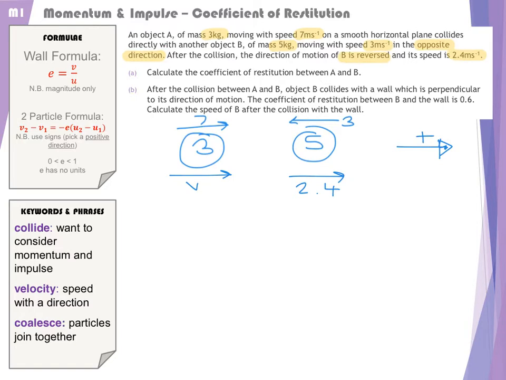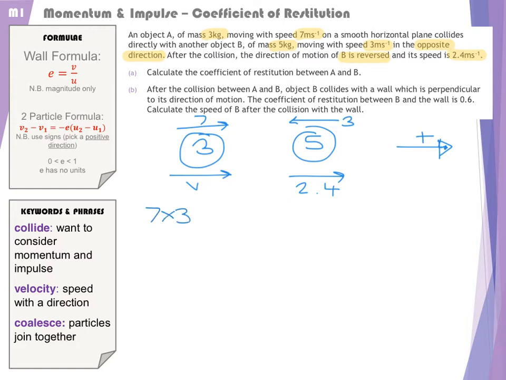Right, so I'm calculating the coefficient of restitution between A and B. So looking at my formula for the coefficient of restitution, I need to find E, which means that I should know everything else that's in there. Unfortunately, I don't yet know the final velocity of particle A, so I'm going to have to work that out first. And I'm going to use my conservation of momentum to do that.